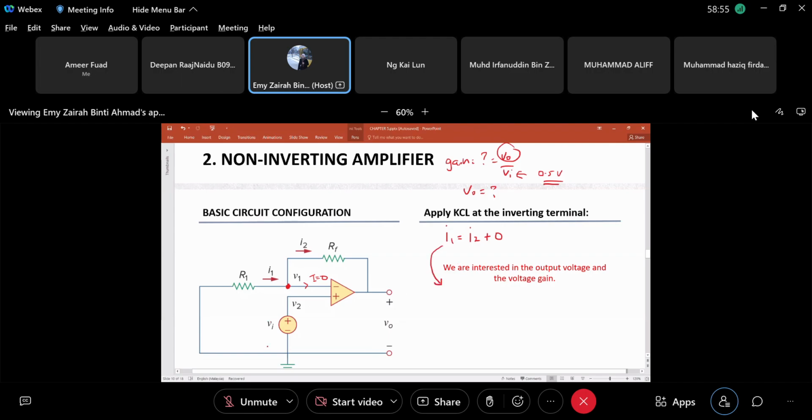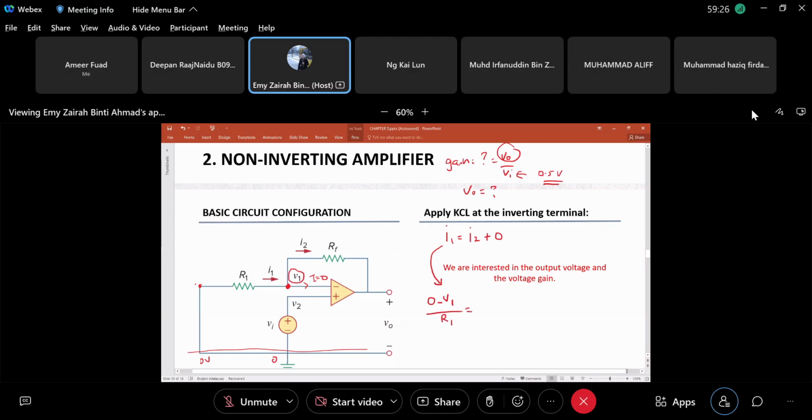I1 is whatever voltage here. Since it is connected to ground, it is 0. Whatever is connected to this line will be 0 volts. So 0 volt minus V1, this point V1, divided by R1.